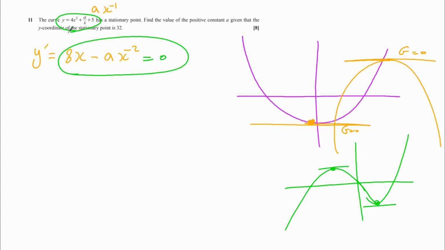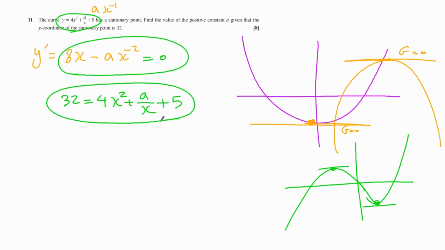Because we already know the y coordinate of the stationary point, we know that 32 also equals 4x squared plus a over x plus 5. This is, if you like, y at the stationary point. Imagine we solve for x, put it in here and find 32, but 32 has already been given to us.